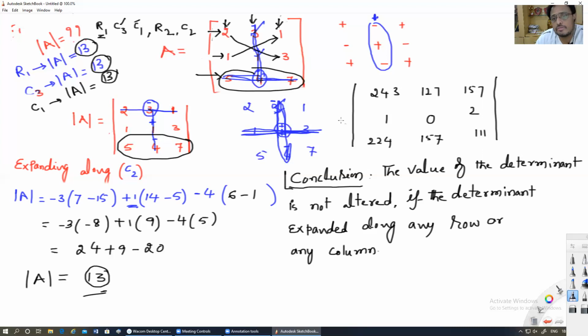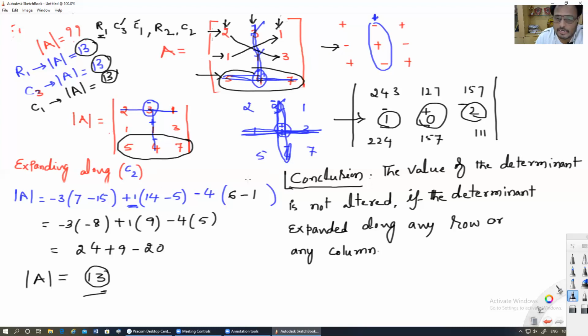Here I will try to expand the determinant using the second row. Why? Because in the second row, elements are very small and one element is 0. 0 into anything is 0. Second row signs are minus, plus, minus. 1 into 1, 1 horizontal, 1 vertical get cancelled, these two. And 0 into anything is 0. So that is the reason.